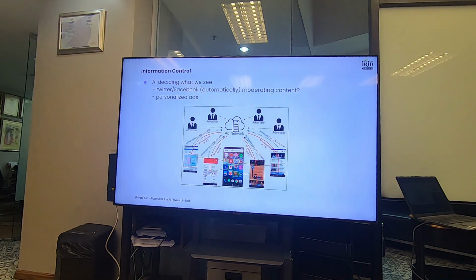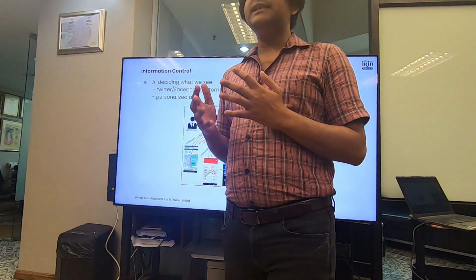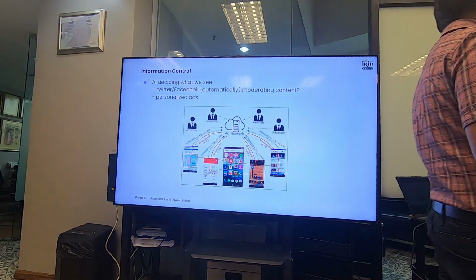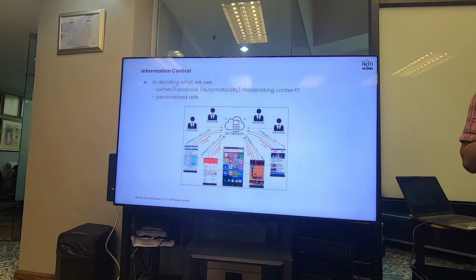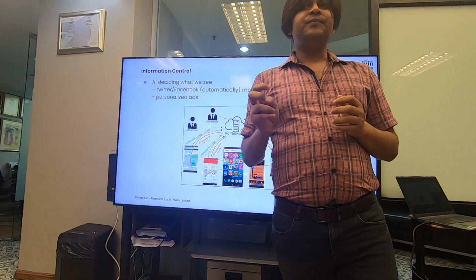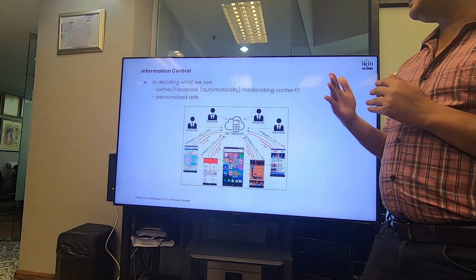Then information control. Nowadays you get personalized ads. If you search for shoes on Shopee, you start to get ads related to shoes on your Facebook, Twitter, everything, right? Once they get hold of your data that you were searching for shoes, they feed that everywhere, and so everywhere you start to see their ads.